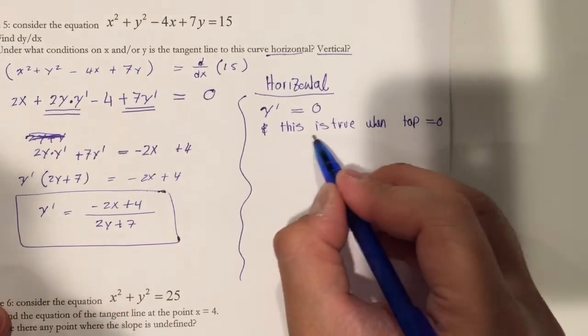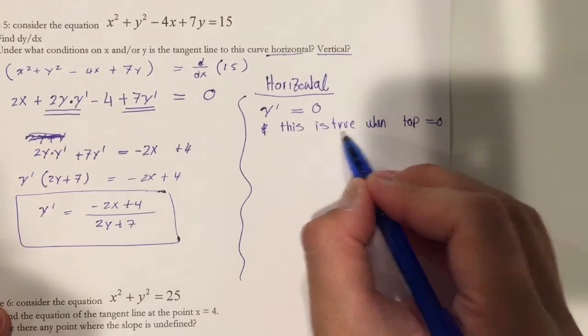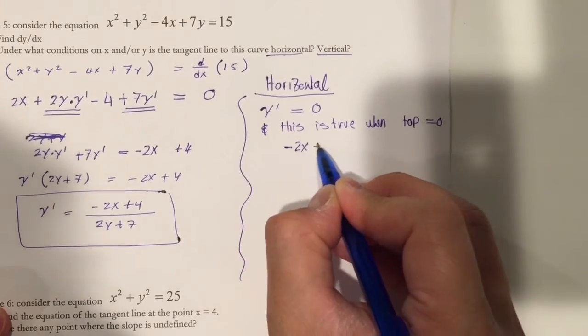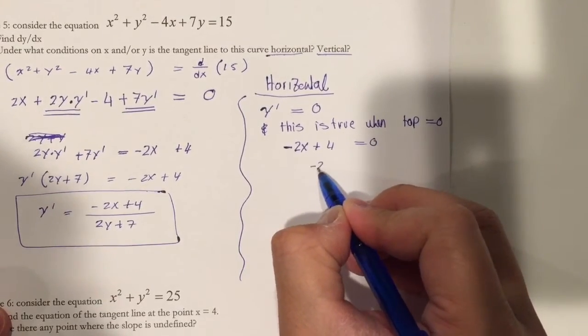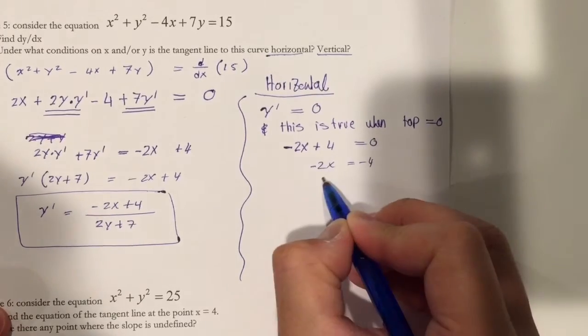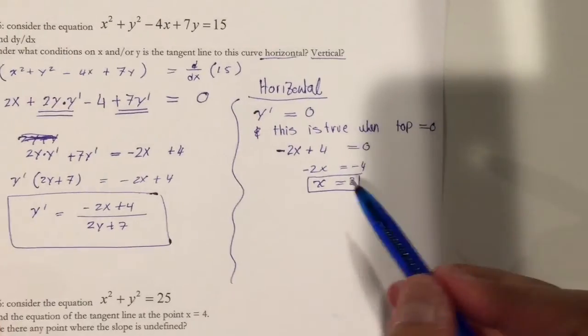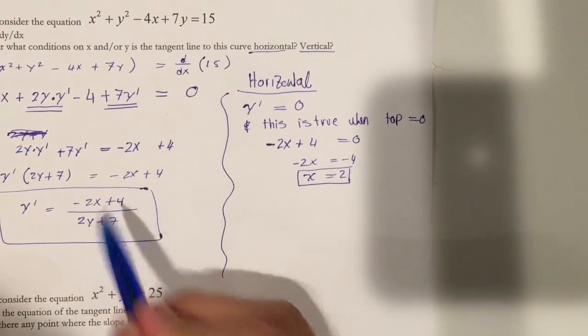What you want to do is solve this statement right here. This is true when the top equals 0. So you set it equal to 0, and then you subtract 4 from both sides. So you have 2x equals negative 4, and therefore x equals 2. So you can either show it systematically, or you can just use your common sense.